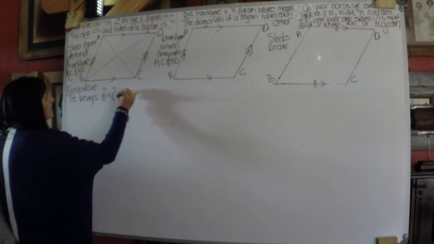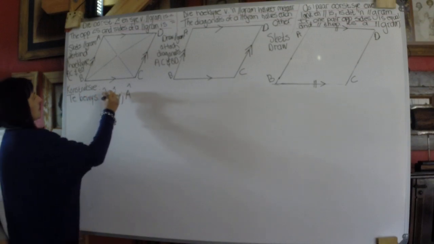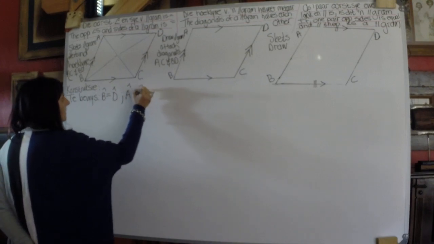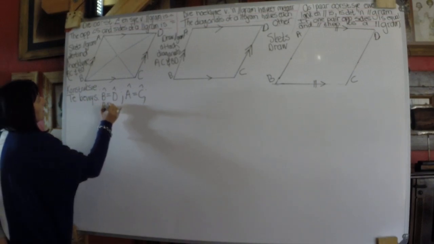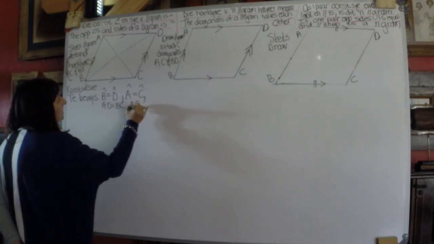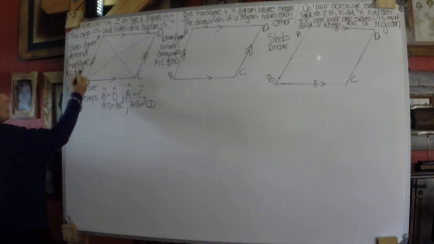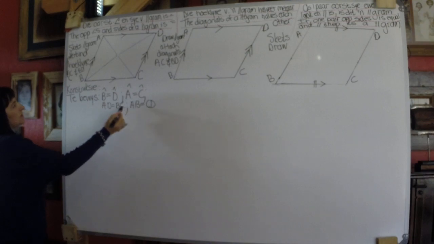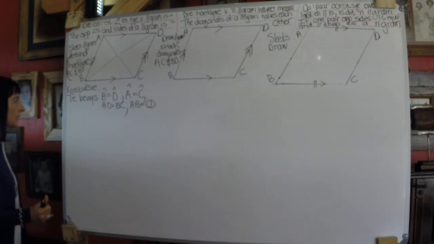Jy moet ook gaan bewys, B is gelyk aan D, A is gelyk aan C, en dan moet jy ook gaan bewys, dat AD is gelyk aan BC, AB is gelyk aan CD. So you must prove opposite angles equal, and you must prove opposite sides equal. AD, BC, AB, CD. Goed.